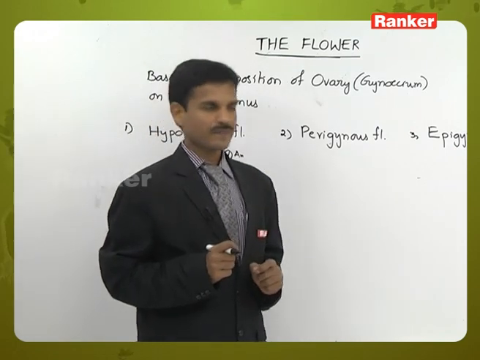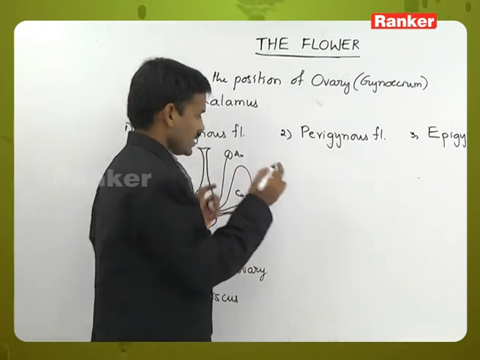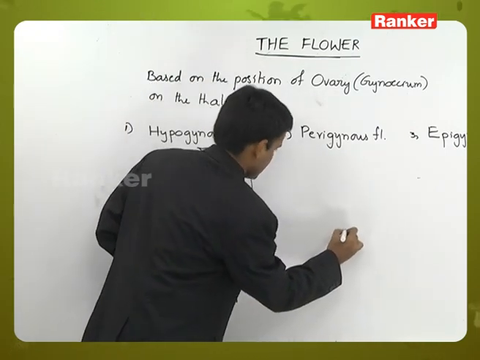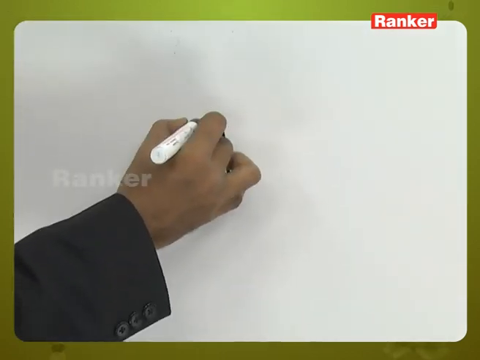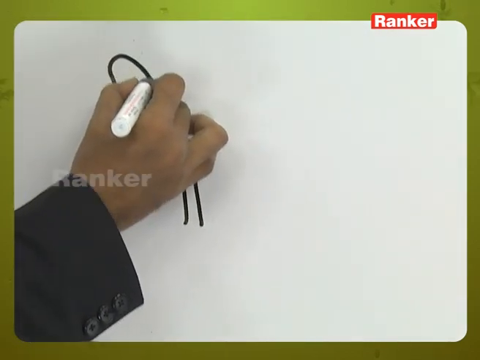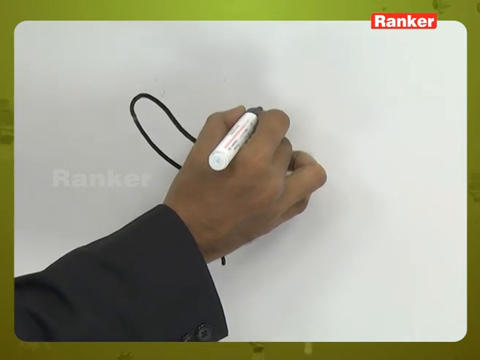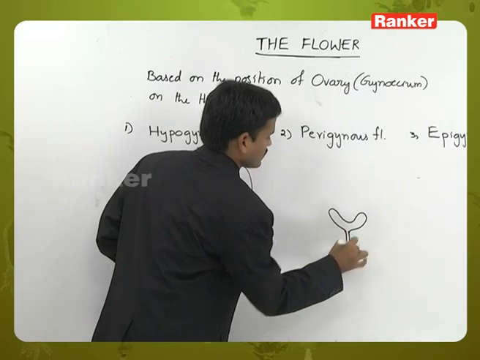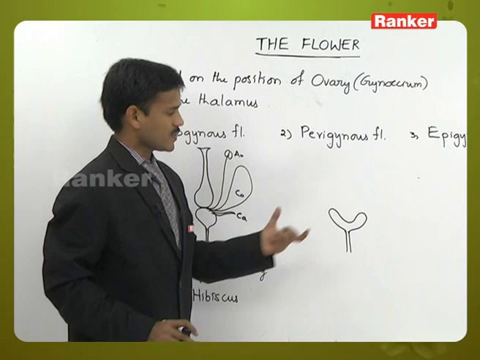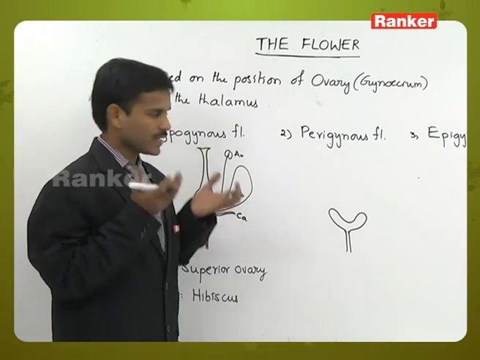Perigynous flower. Here perigynous means on the thalamus, the thalamus is a small plate-like structure.